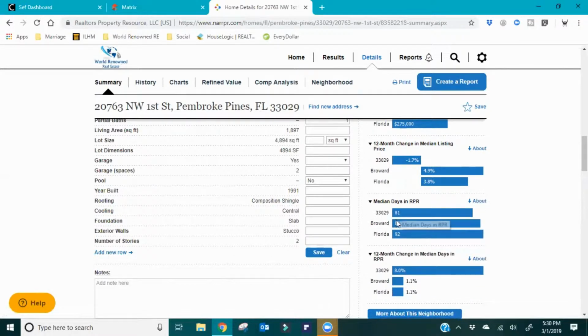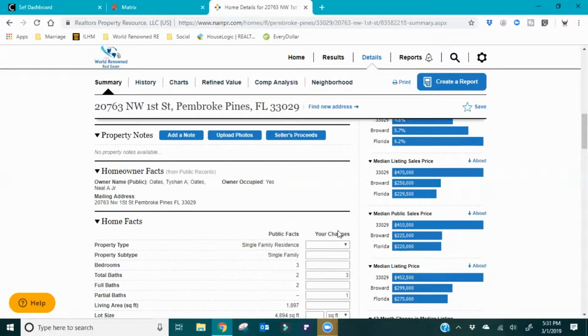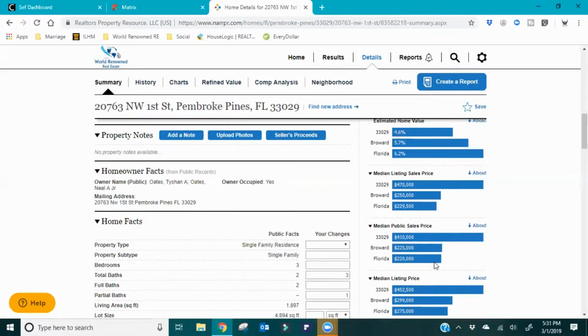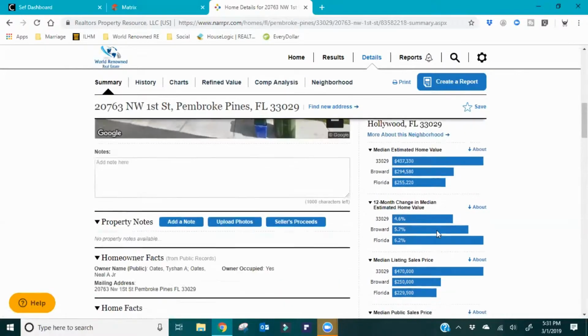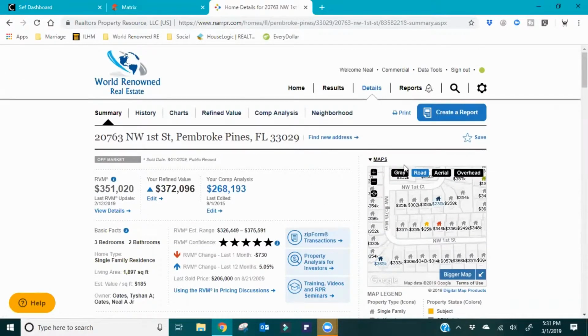We'll see that this zip code is lower than the median days on market for the county and for the state. So this is information I'm looking at before I do anything with a CMA or a market report. It helps me position my thoughts on what we're going to be looking for going forward and the potential conversations I'm going to have with a seller.